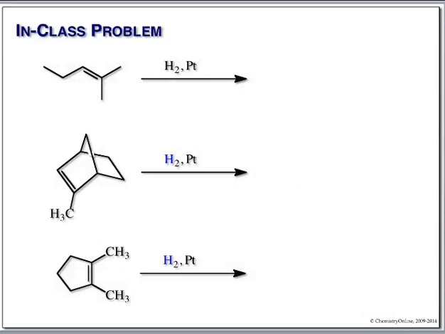All you're going to do is convert your double bond to a single bond. The only thing you have to remember is that the two hydrogens you add come from the same side. So that will affect the stereochemistry. Up here it makes no difference. We're just going to add one hydrogen to each carbon. And there's our alkane.